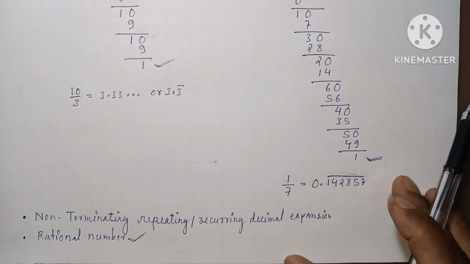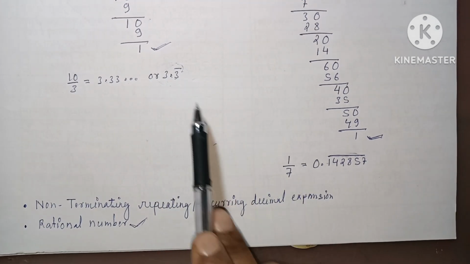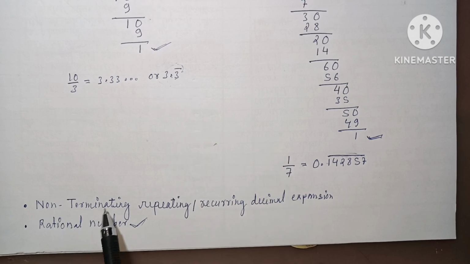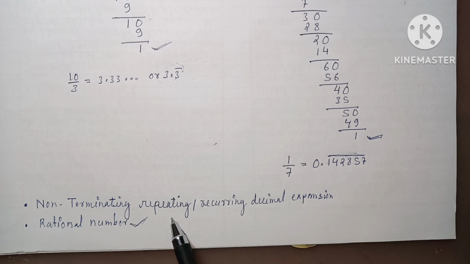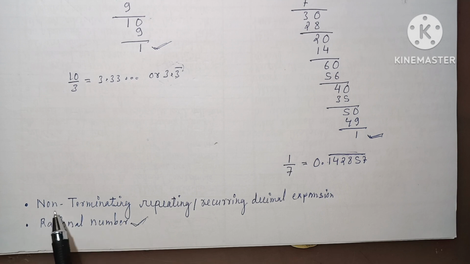Such decimal expansions are called non-terminating, not ending, repeating or recurring decimal expansions.